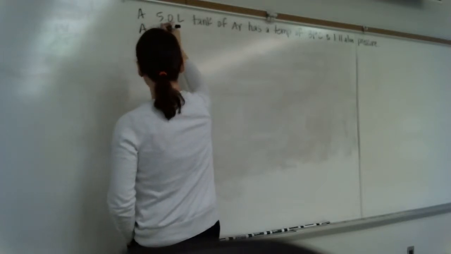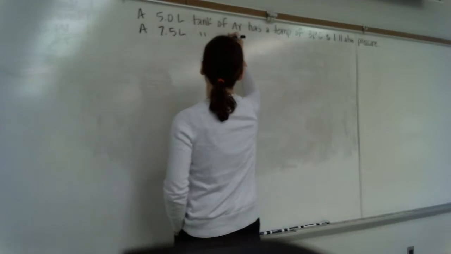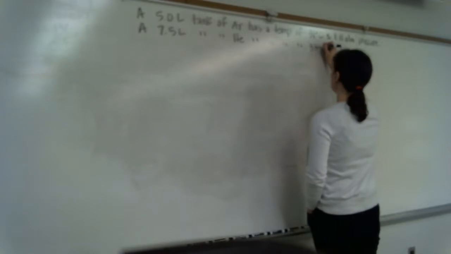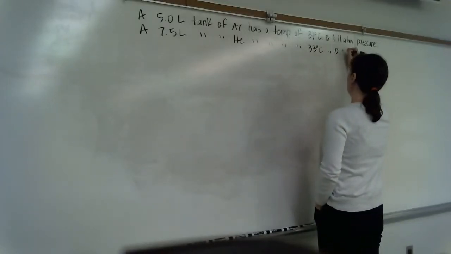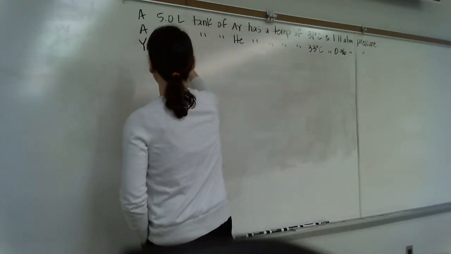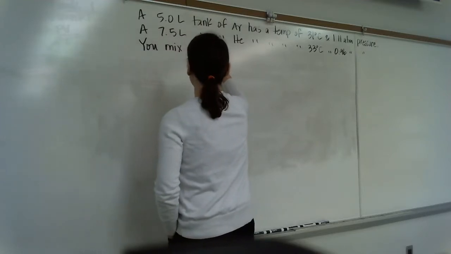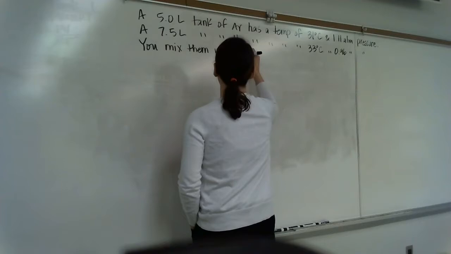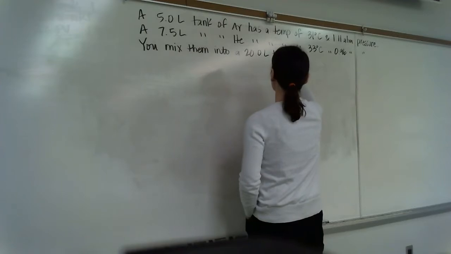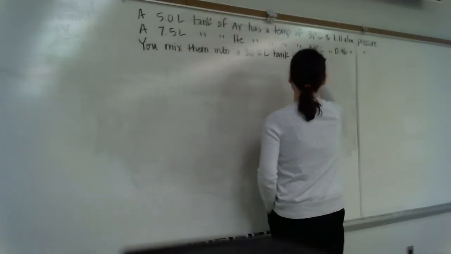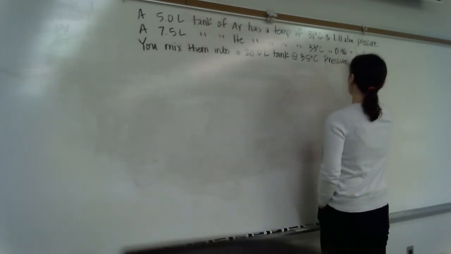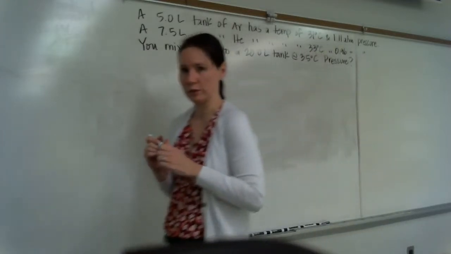A 7.5 liter tank of helium has a temp of 33 degrees Celsius and 0.96 atmospheres pressure. You mix them into a 20 liter tank at 35 degrees Celsius. What is the pressure? So I'll pause the recording and let's try that one.